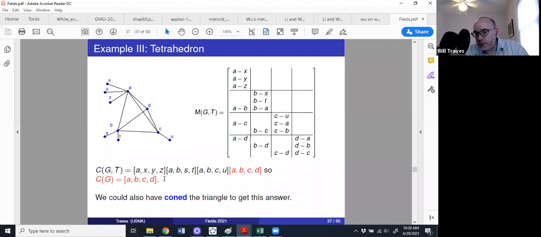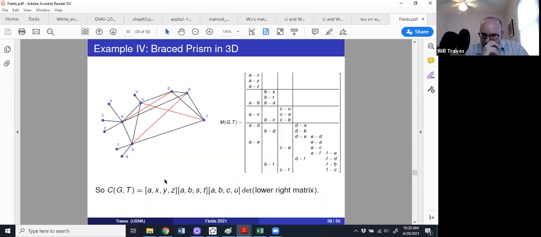Let's look at the next simplest example, which is not so simple, which is the prism, but in 3 dimensions now. So in black, I've drawn that prism. There's one of the triangular faces, ABC, and I've got the other triangular face, DEF here, and they're connected by 3 bars as before.